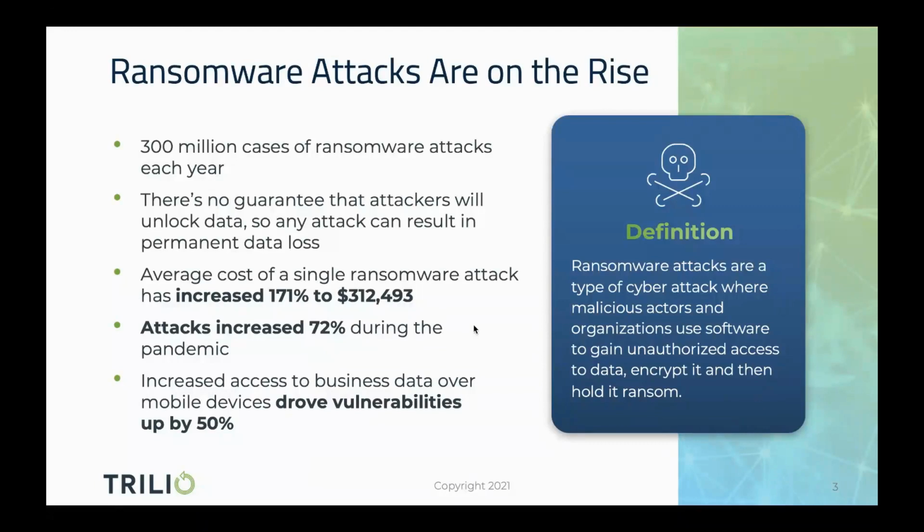So obviously, ransomware is a very big issue; we've seen it in the news many times. And so we here at Trilio want to make sure that you, our users, have all of the security you can to have those backups restored in the event of a ransomware attack.